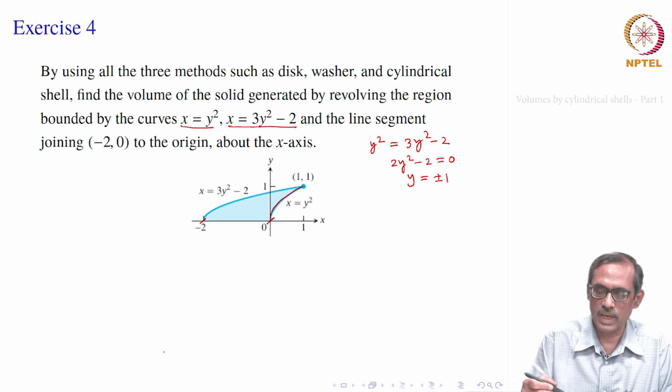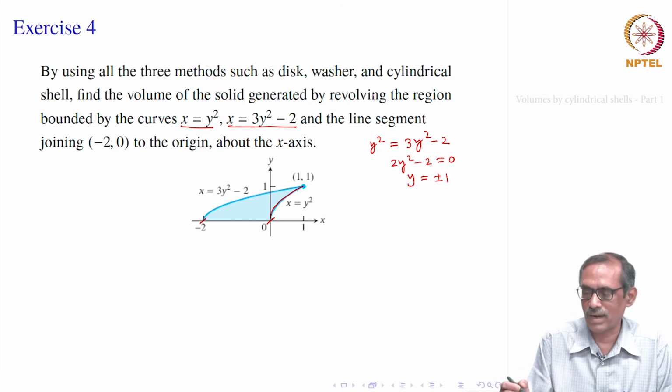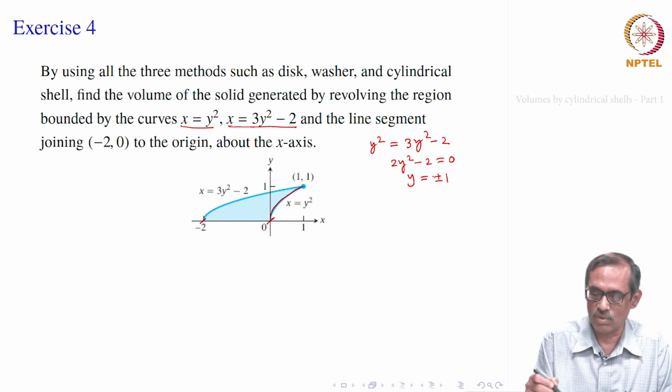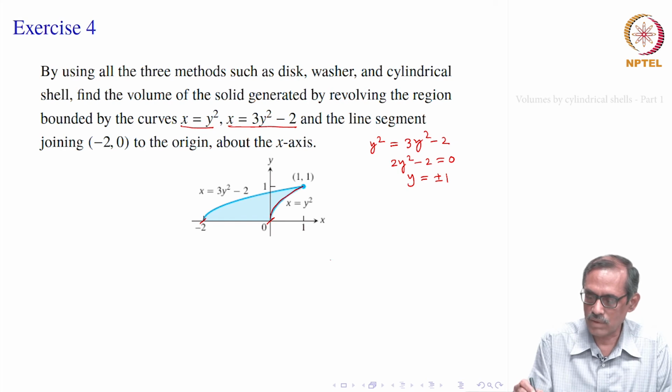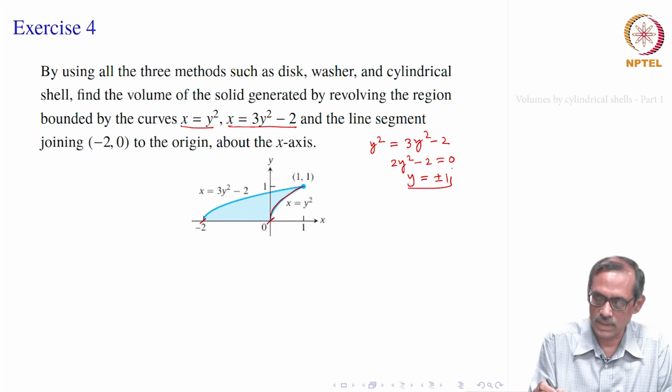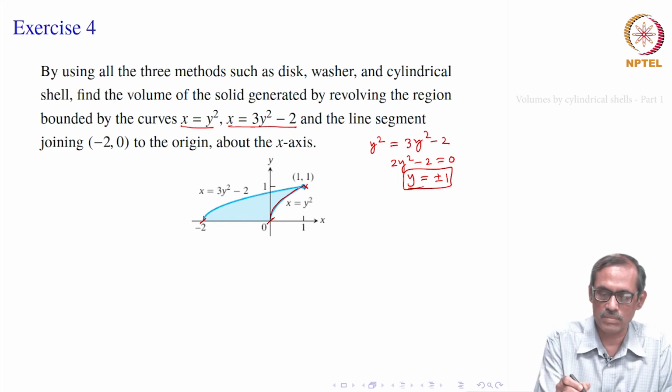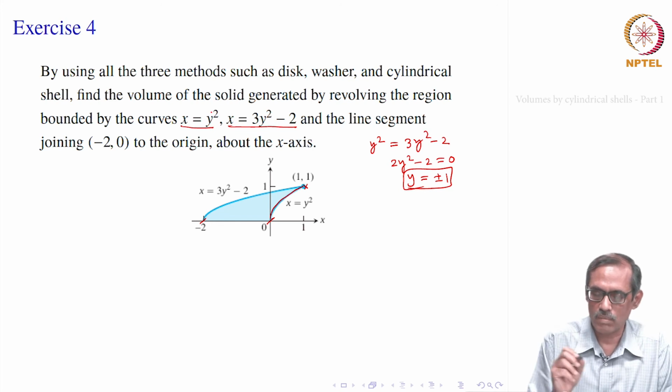And this is revolving about the x axis. So, only one of them we can take, the other one will come in the revolution. If you take both, then it will be adding 2 volumes, right. So, we take y equal to 1 as our point of intersection, so correspondingly x becomes also 1. So, 1 comma 1.